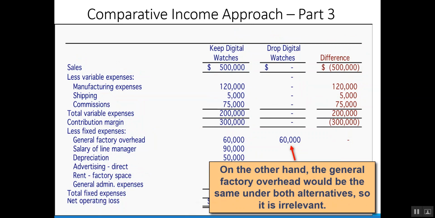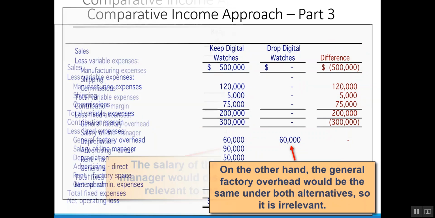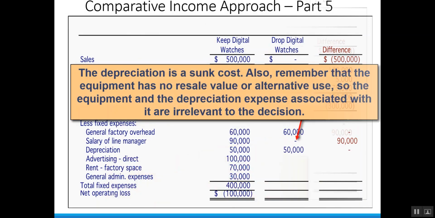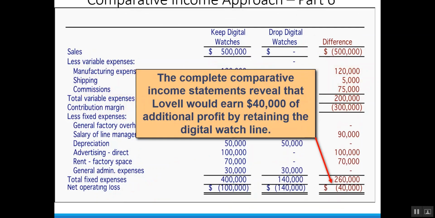On the other hand, we would avoid the general factory overhead of 60,000. We would give up the salary of the product line manager. The depreciation is a sunk cost, so that's not comparable. We would have some advertising costs that would remain. We'd have rent for the factory space that would remain.